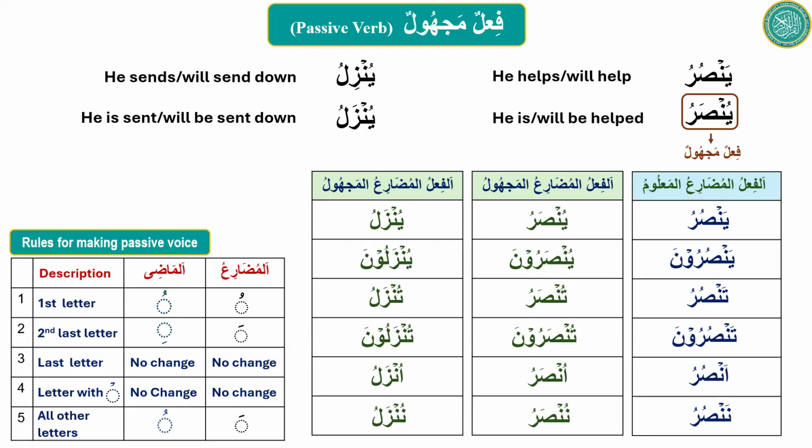I think this is where I stopped. This was a quick revision of what we have done yesterday. So we learned how to make فعل ماضي المعلوم, the active voice, and how to change that to passive voice, فعل مجهول, and how to do that same for الفعل المضارع.